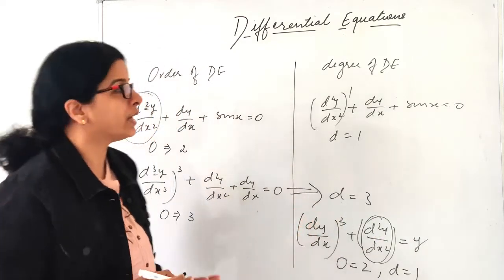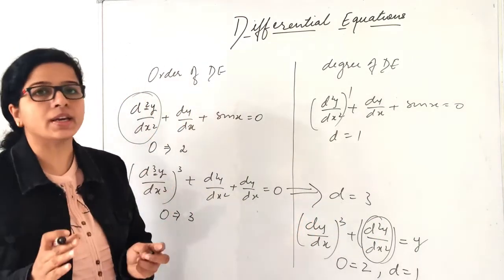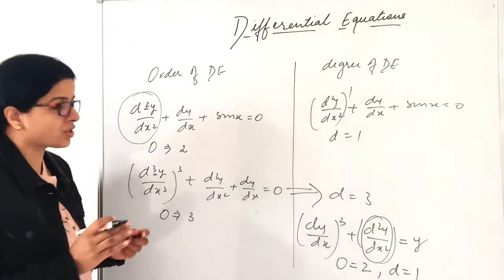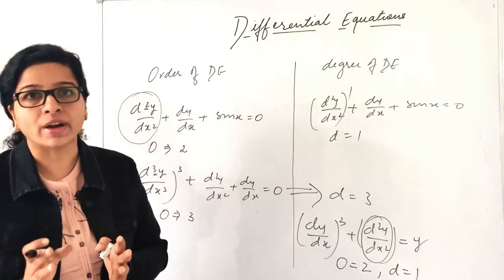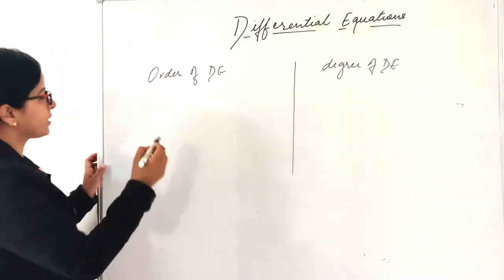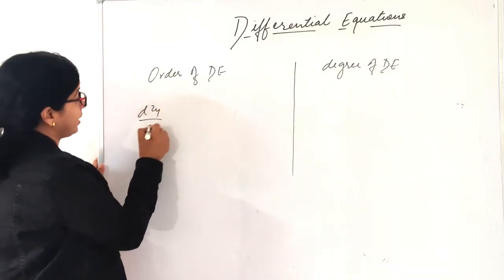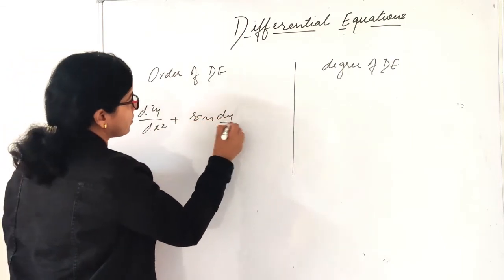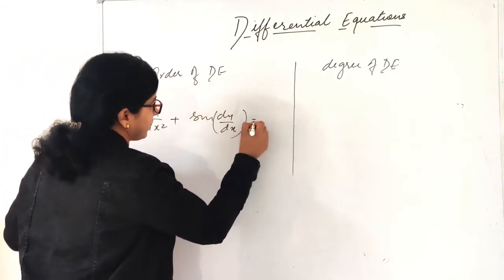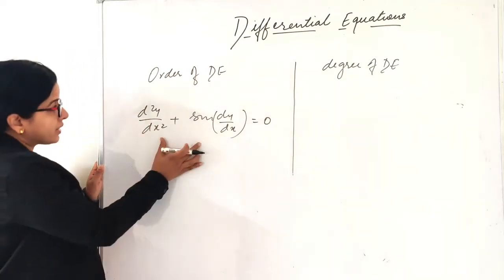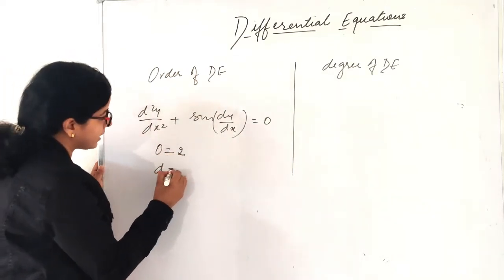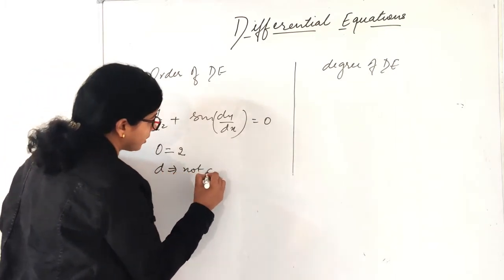Is that clear? Now, in some cases the order is defined but the degree is not defined. Let us check such cases. Say for example, I have d²y/dx² + sin(dy/dx) = 0. Here the order of the differential equation is 2 but the degree is not defined.